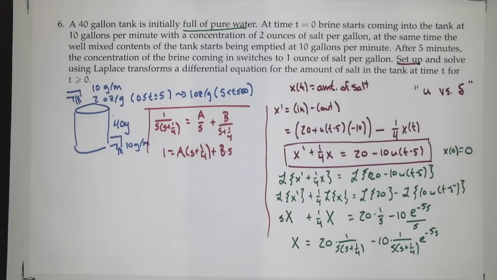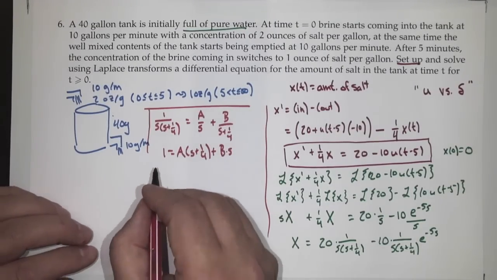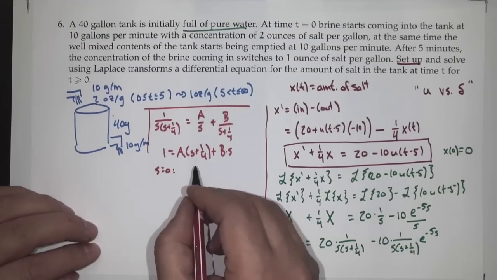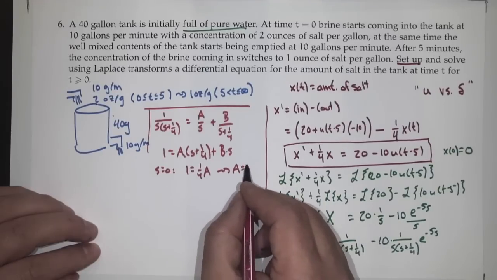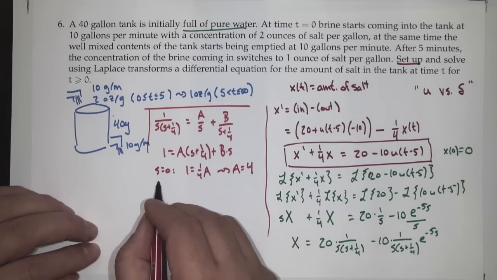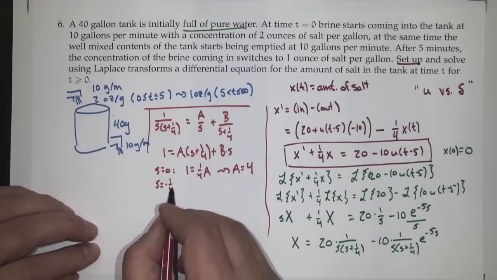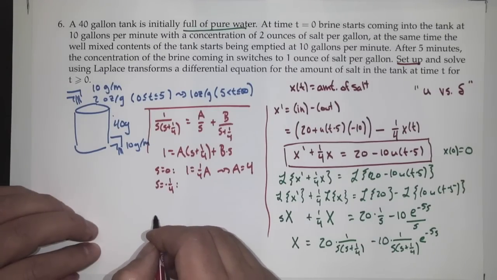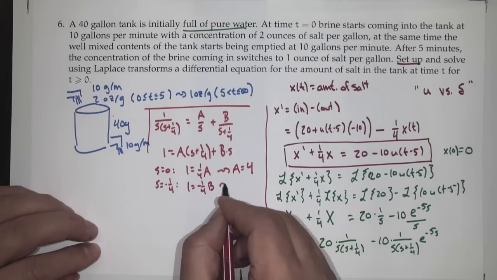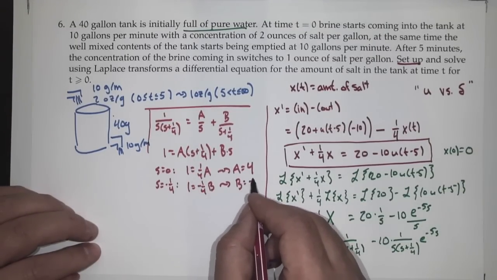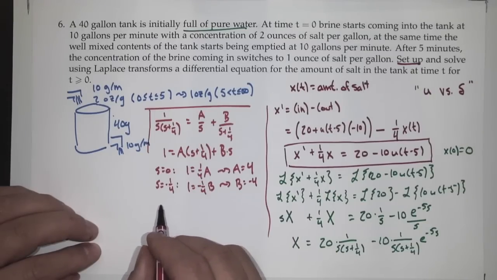What's a good choice? 0. s equals 0: 1 equals 1/4 A, so A equals 4. What's another good choice? Negative 1/4. 1 is equal to 0 A, and then minus 1/4 times B. B is negative 4.